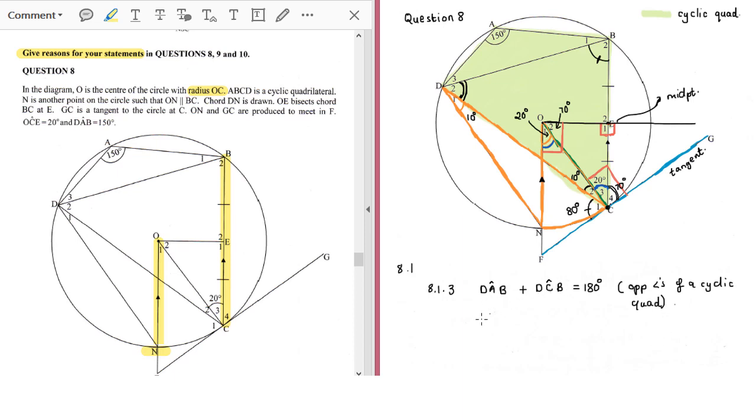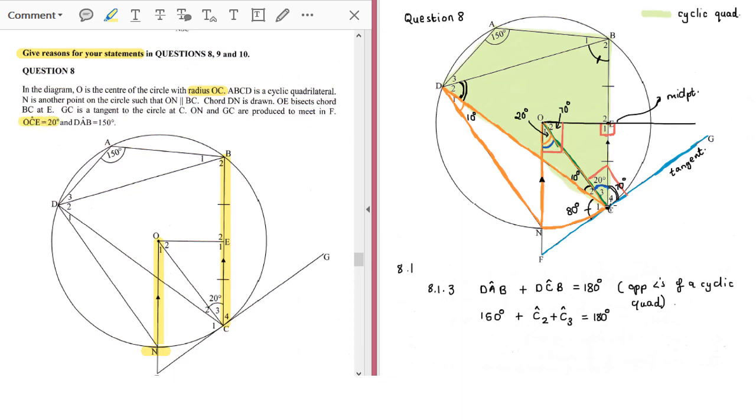Okay, so over here we're now just going to substitute 180 degrees, and then we're going to expand this out. We know that angle DCB is equal to angle C2 plus angle C3. All of this must equal 180 degrees. Now angle C3 is actually equal to this angle, angle OCE.